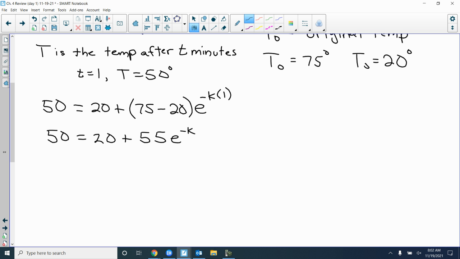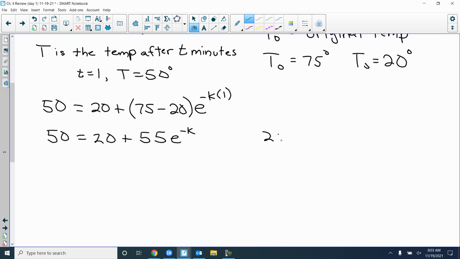All right, where are we going to go from here? Think about what we need to do. Eventually we're going to convert to natural log form. First of all, you cannot add 20 plus 55 and get 75, because the 55 is being multiplied by that value.